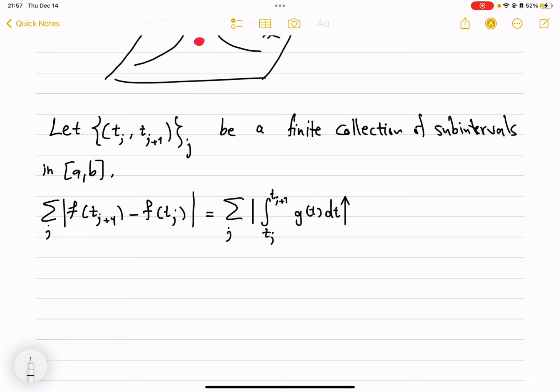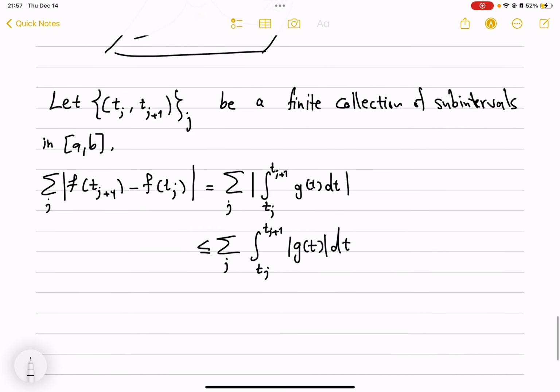Okay, and then if I put that absolute sign inside the integral, I can only improve this integral's quantity. So let me put the absolute value into here. And then, of course, these are disjoint, non-overlapping intervals.